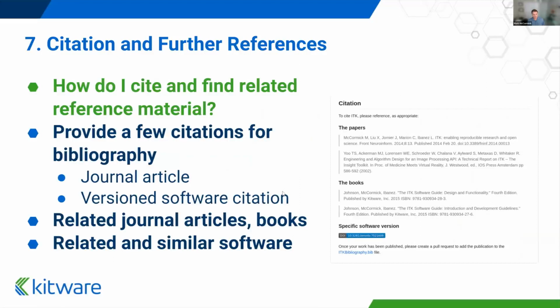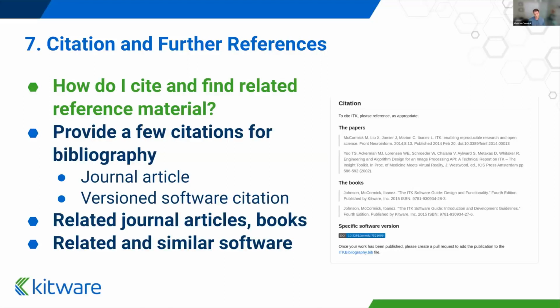And then finally, citation and further references. And this helps someone cite the material if they're writing a journal article, also find related reference material on journal articles that are related to the software or background theory information or related material. And inside your citations, we can provide a few different types of citations.